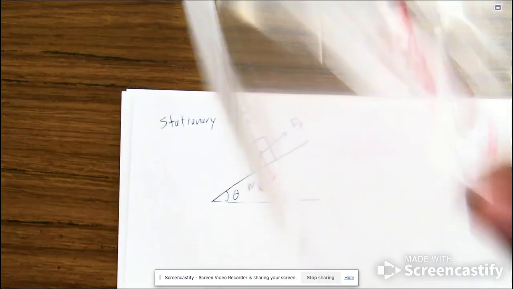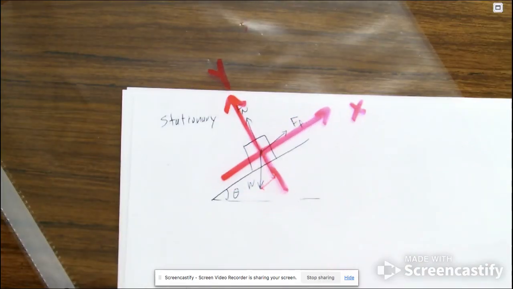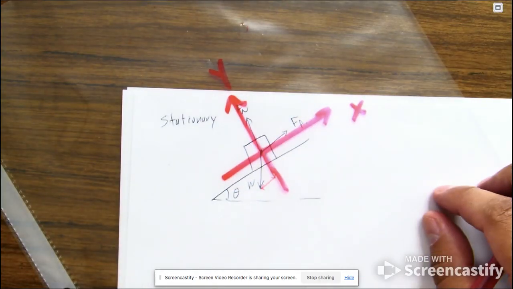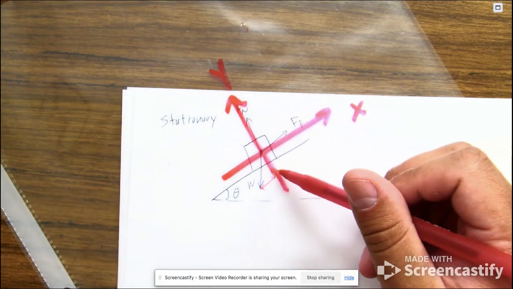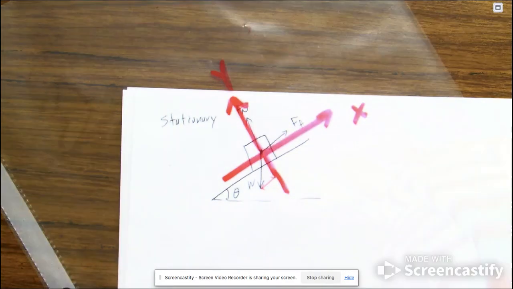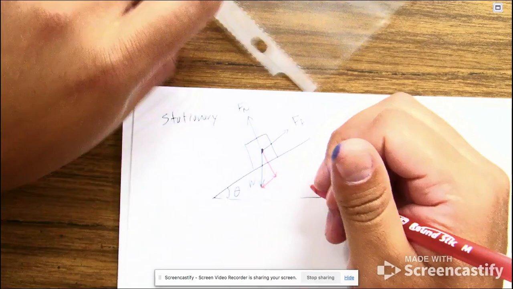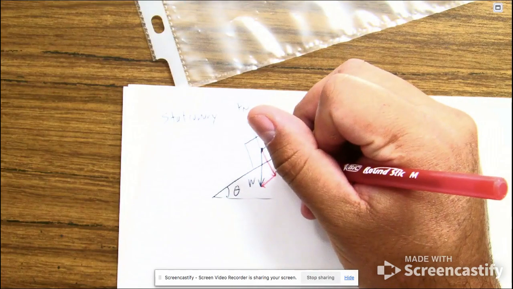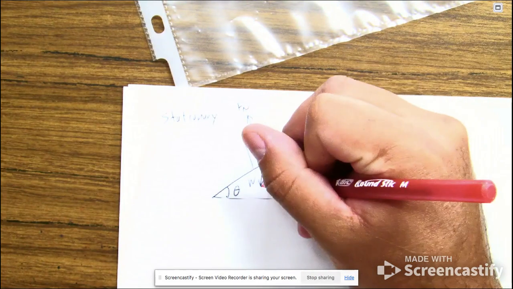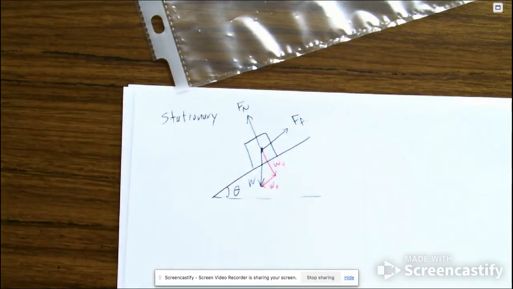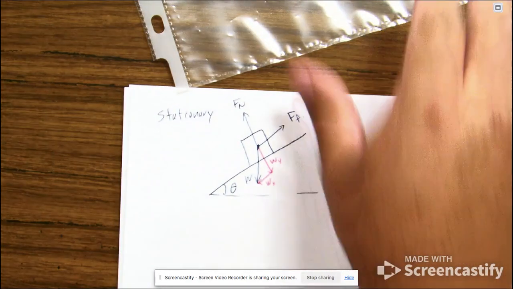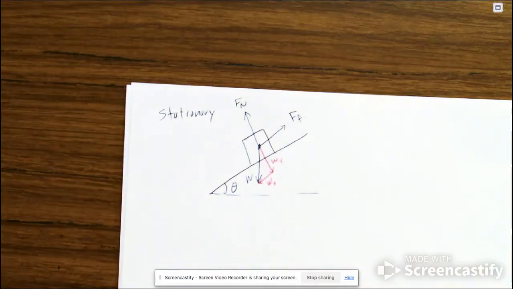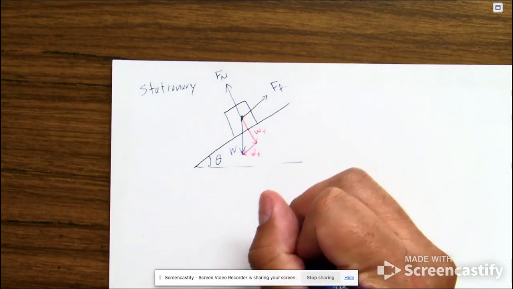So if we set up our coordinate system like that, then we would be able to see that this is going to be the y component and that would be the x. And we just call it that. And so we can redraw our free body diagram by rotating this whole thing. My second free body diagram is going to look something more like this.